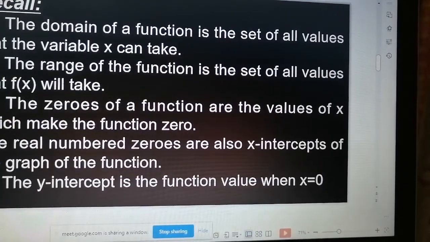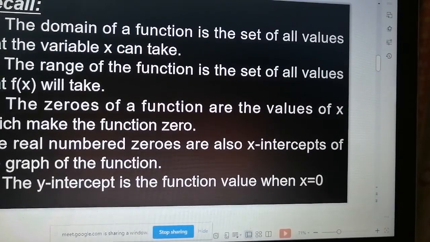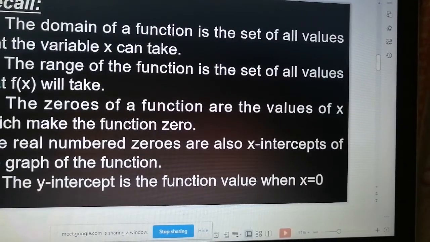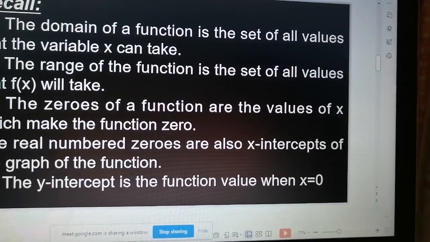Ano yung i-recall natin dyan? The domain of a function is the set of all values that the variable x can take. The range of the function is the set of all values that the function will take. The zeros of a function are the values of x which make the function zero.